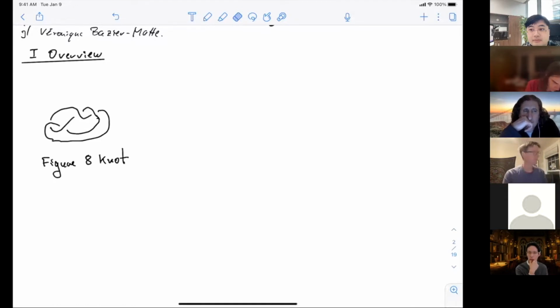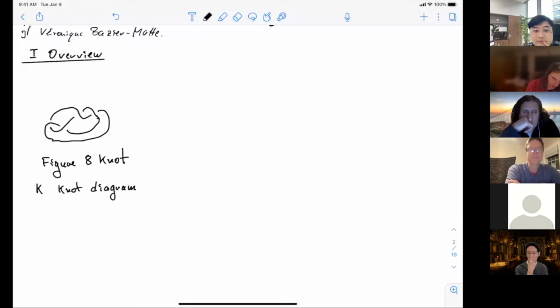Well, this is a diagram of the figure 8 knot. I'll use the letter K for a knot diagram. It could also be a link. It doesn't really matter. If you want a link, then you should pick an orientation of every component.